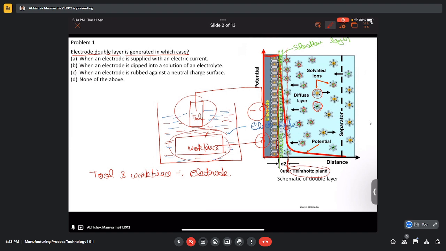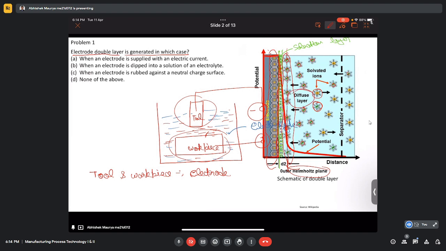So what we can see is a positive charge layer, and after that a layer of ions which is negative in charge. That is called the Helmholtz plane. And after that we have some ions which are diffused. They are negative ions but diffused. That is called the diffuse layer.